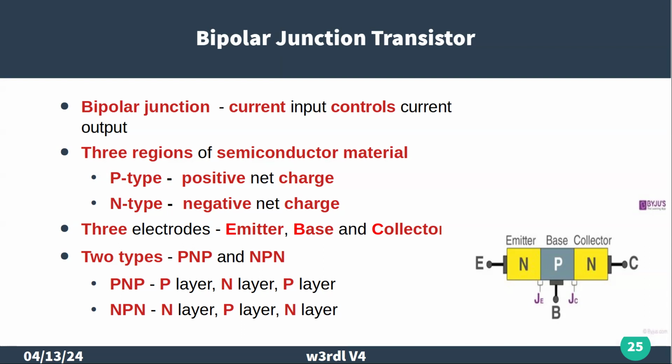So the base emitter junction kind of behaves just like a diode, where the base collector junction looks like a reverse bias diode. So we don't have current flow in that direction.